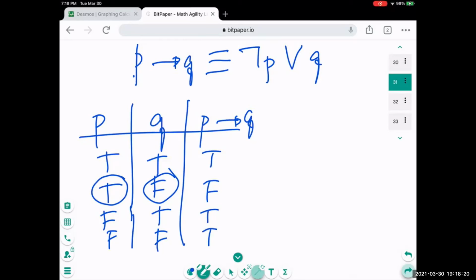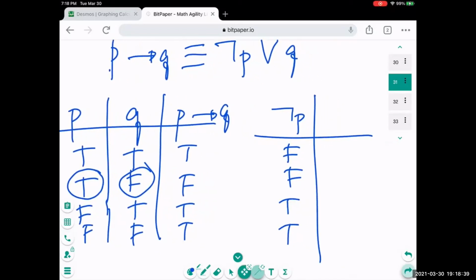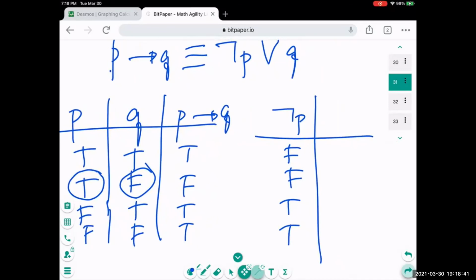So, meron na tayong P and Q. Kunin na lang natin yung negation ng P, kabaliktaran ng P. So, false, false, true, true. Since meron na tayong value ng Q, pwede na nating pagsamahin yung negation ng P and disjunction ng Q. Pag sinabi natin disjunction, we're like taking or.